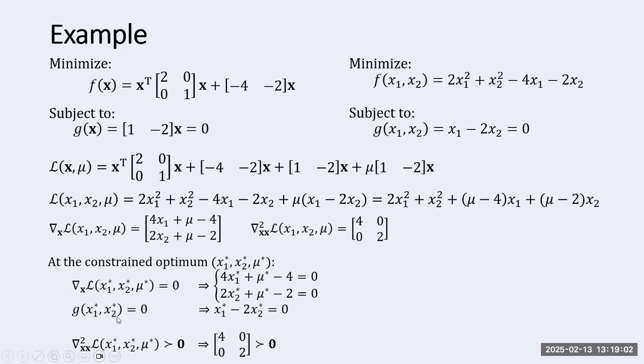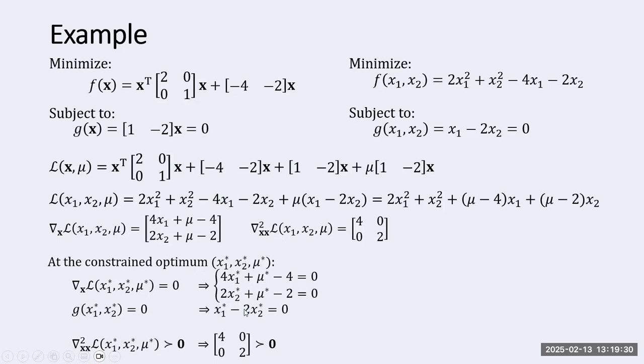And the second order KKT condition is that the Hessian must be positive definite. And the Hessian is clearly positive definite. So we won't bother about the second order KKT condition. It's trivially satisfied.